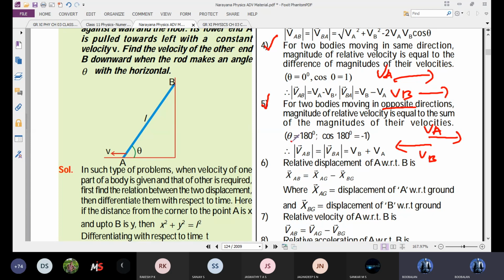It is 180 degrees, and cos 180 is minus 1, so minus into minus gives a plus. VB plus VA for opposite direction, and VB minus VA for same direction. Fifth condition.